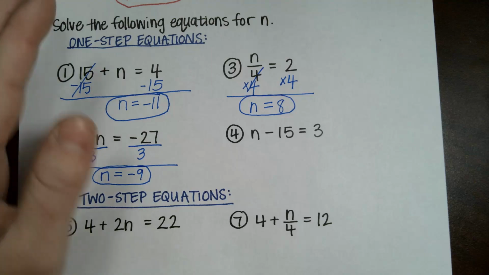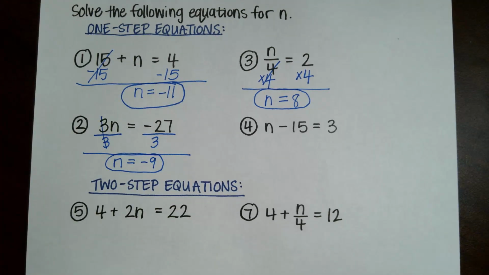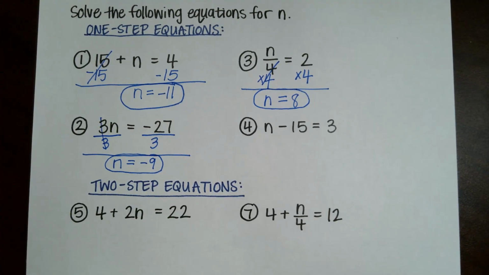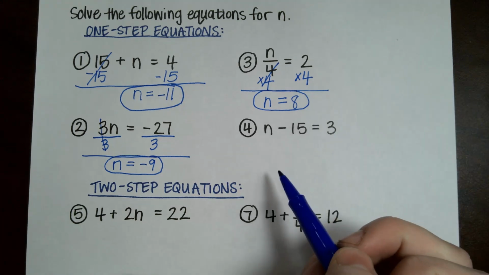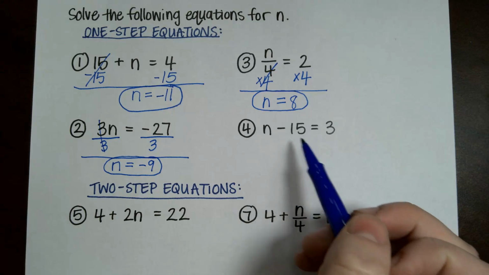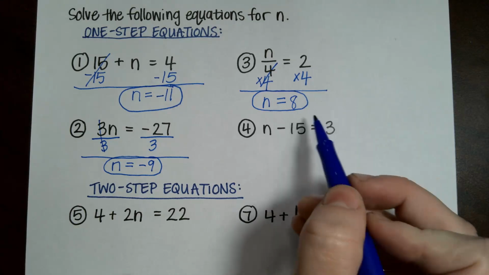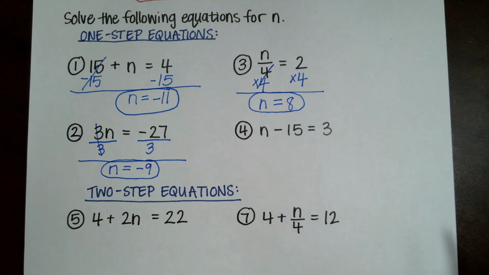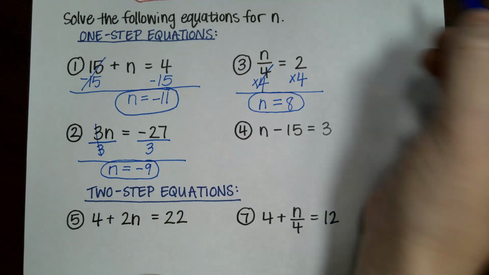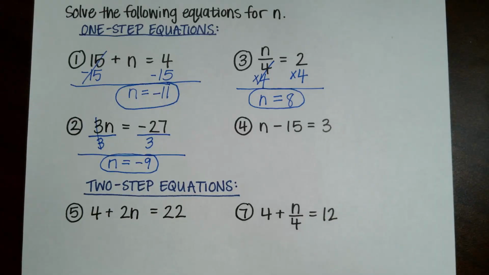I have n minus 15 equals 3. What do I need to do here? We're going to bring the 15 down and make it a plus 15. Yes. Remember, anytime we have any kind of equation we're solving, we're using our inverse operations. So if it helps, since you'll be able to use these on your quiz tomorrow, maybe let's make a little key off to the side.